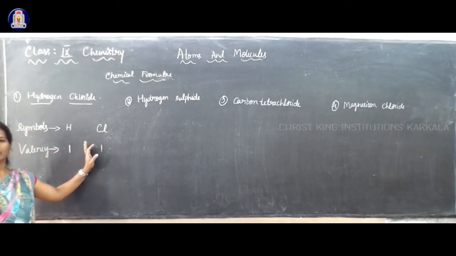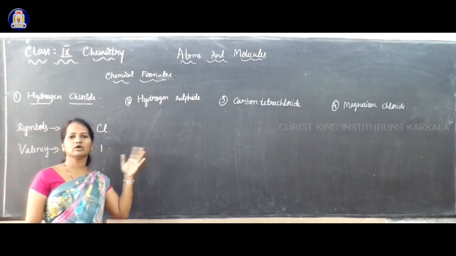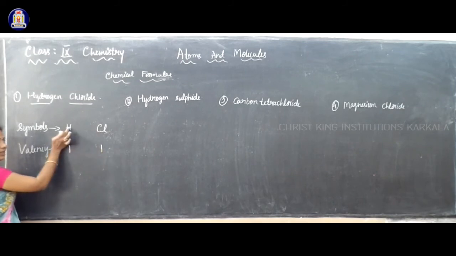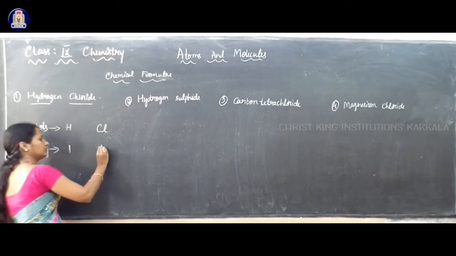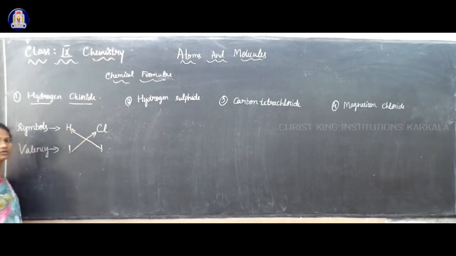But usually while writing, we are not mentioning plus or minus. We just write the valency. The valency of chlorine is 1, the valency of hydrogen is 1. While writing the formula, each valency goes to the other element.